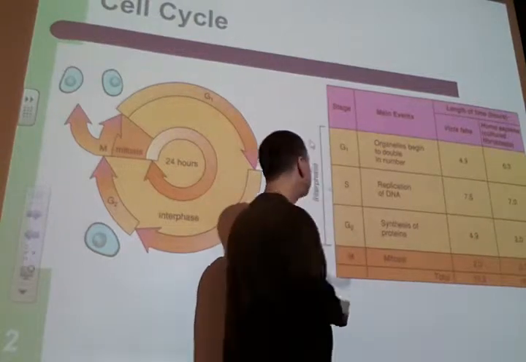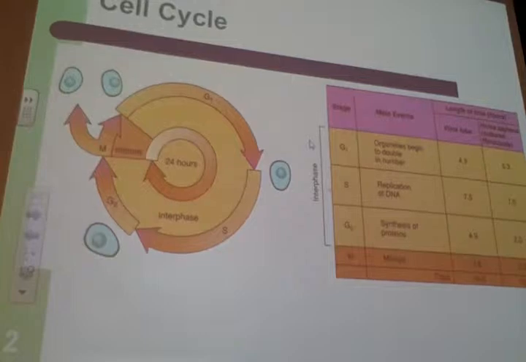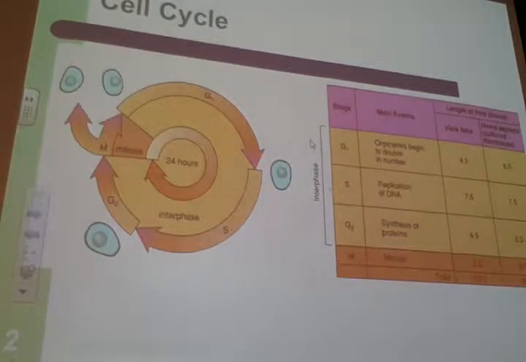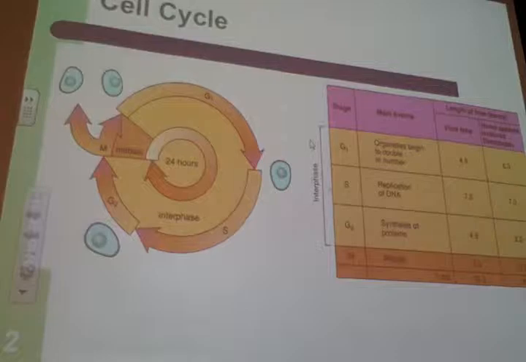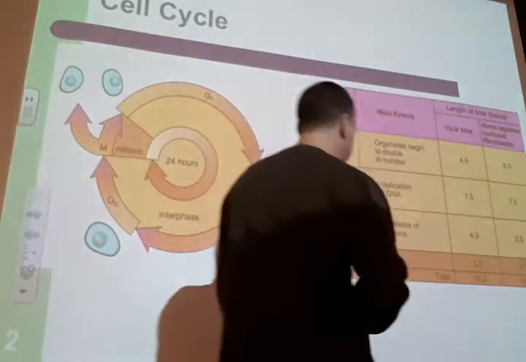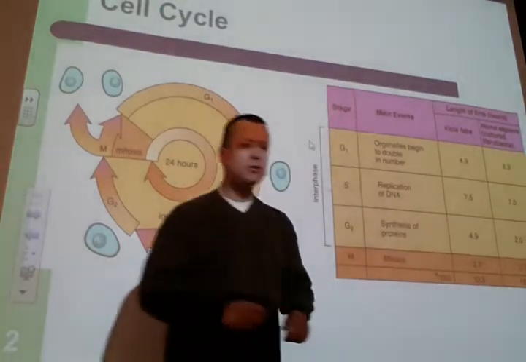So people subdivided interphase, as we learned more about it, into three parts: G1, S, and G2. And as we saw yesterday in lab, we divide mitosis into several subparts as well: prophase, prometaphase, metaphase, anaphase, telophase, which we'll get to shortly.